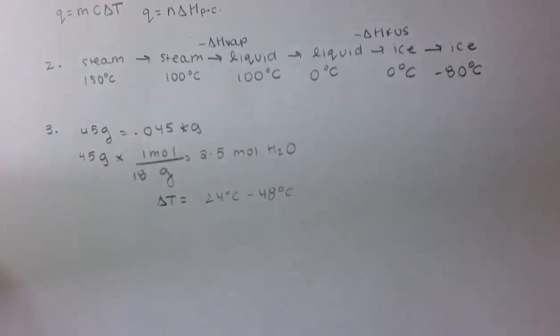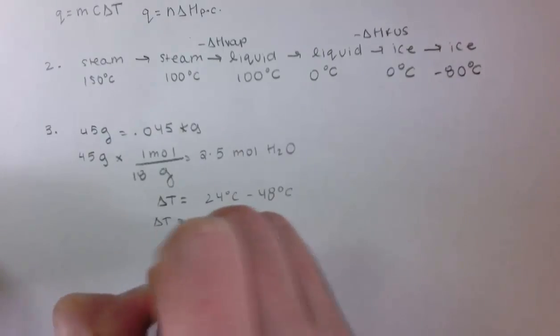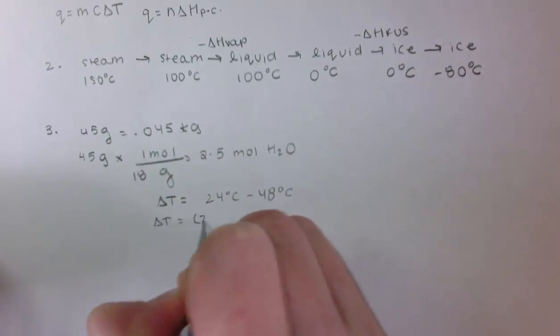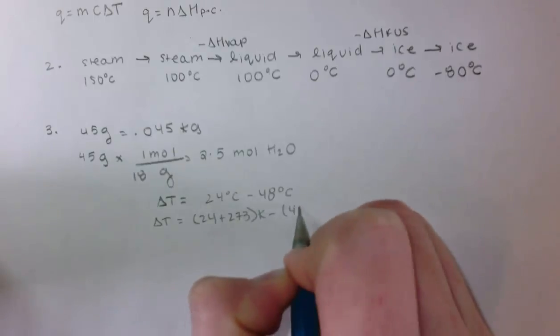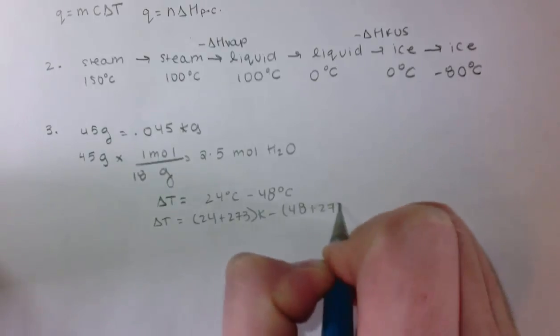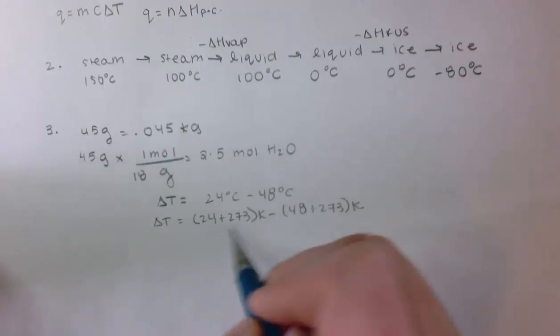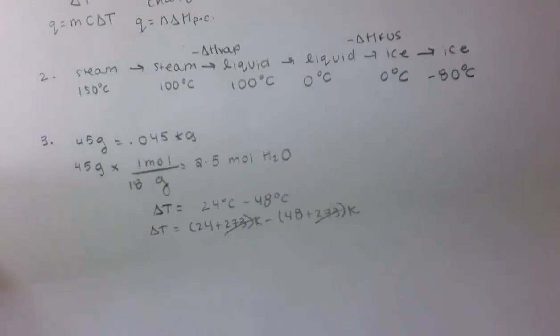If you want to find that exact same thing in Kelvin, that's just delta T equals 24 plus 273 Kelvin minus 48 plus 273 Kelvin. And these 273s end up canceling. You get the exact same thing in units of Kelvin.